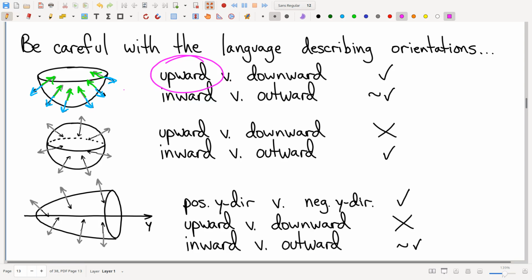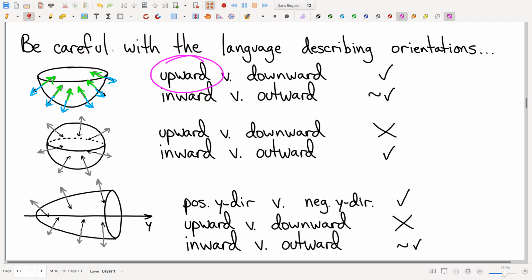All of the green ones are at least somewhat upward, and none of the blue ones are in any sense upward. So if I say oriented upward, there's really only one reasonable interpretation, and that is that I mean the green orientation. Does that make sense? So it's about being unambiguous. It's not about being precise. Okay, downward, of course, would be the blue one.